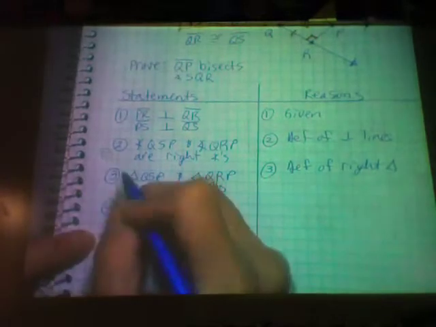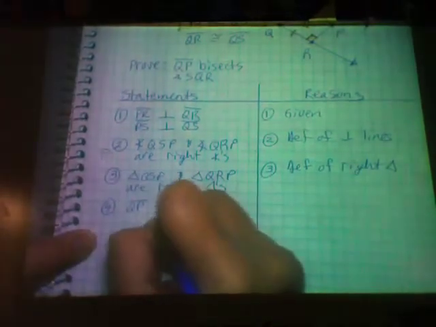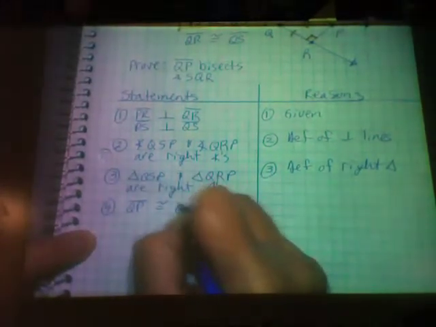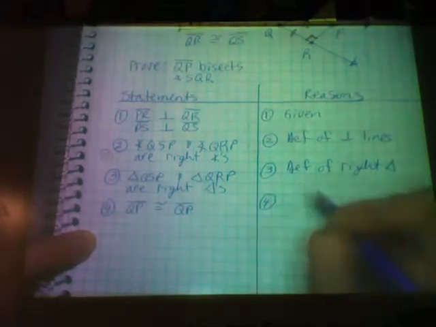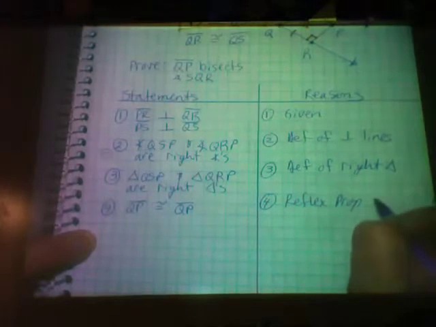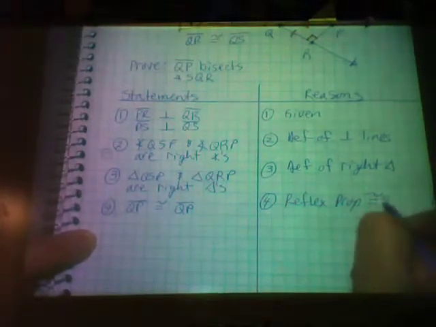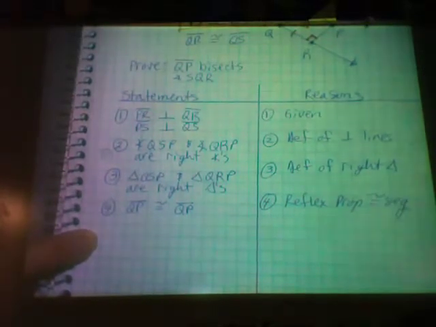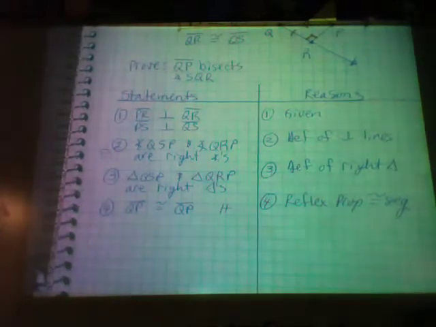So, statement 4, segment QP is congruent to itself. Why? Reflexive property of congruent segments. Isn't that our H? We need just one more L before we can state triangles congruent.